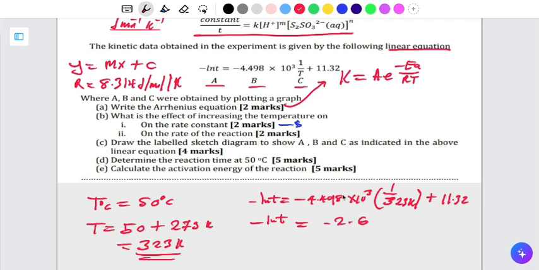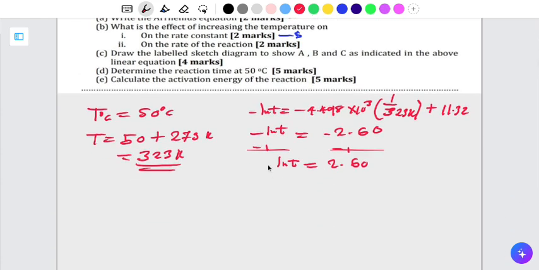You can just confirm by multiplying and then adding here. We're going to get this one here. So here you can see that we can divide by negative 1, then here negative 1. So we are remaining with ln t, which is equal to positive 2.60, because negative and negative cancel each other.